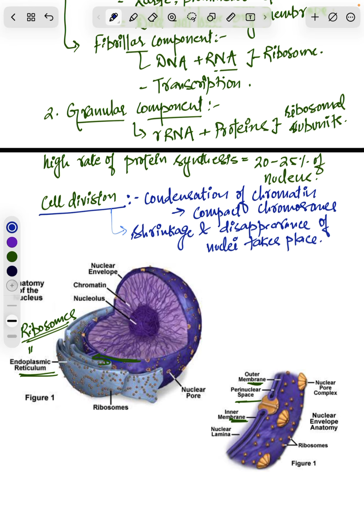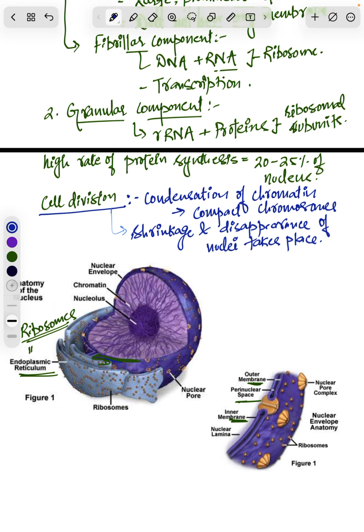After mitosis, chromatin uncoils and rRNA synthesis resumes. Now, tiny nucleoli become visible and they fuse together to become a large nucleolus.